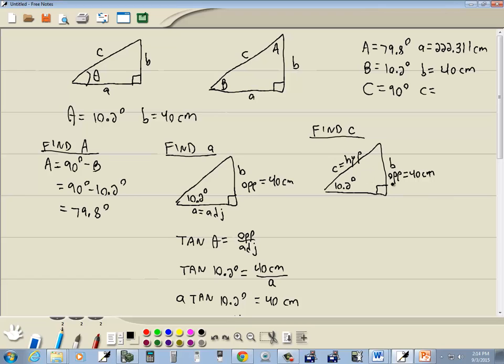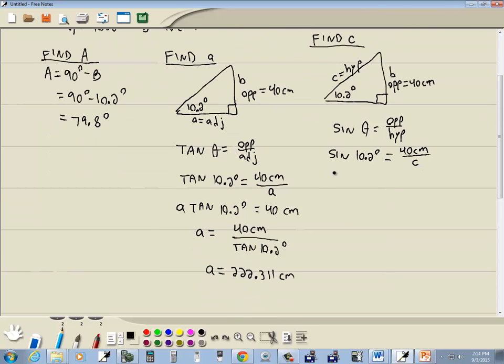So I'm looking for some kind of formula that connects the opposite and hypotenuse together. Well, that'd be sine. Sine theta is equal to opposite over hypotenuse. So we're going to have sine of 10.2 degrees is equal to opposite, which is 40 centimeters, over hypotenuse, which is C. I multiply both sides by C, and I get C sine 10.2 degrees is equal to 40 centimeters.